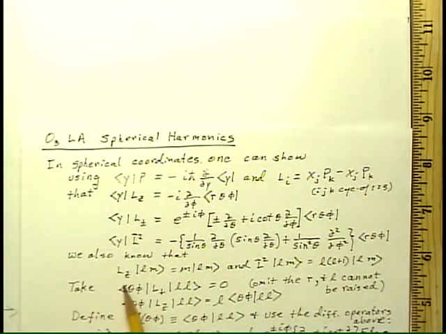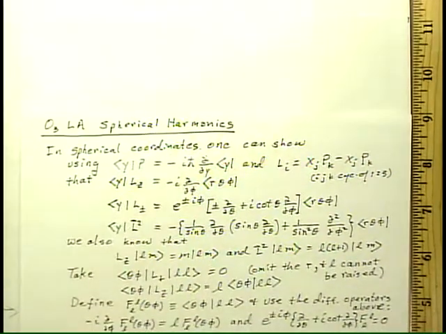We now define, as we've done before, the eigenvalue of the z component of orbital angular momentum to be m, and the eigenvalue L to be the eigenvalue, actually with L times L plus 1, for the eigenvalue of L squared. So this will be our state, L and M, that's our eigenstate of angular momentum.